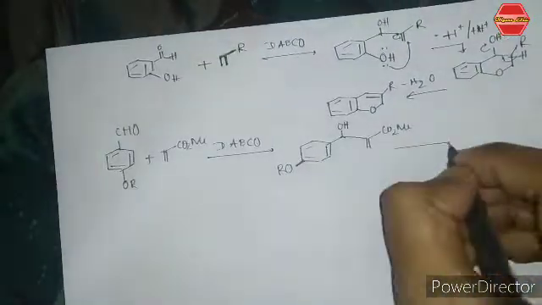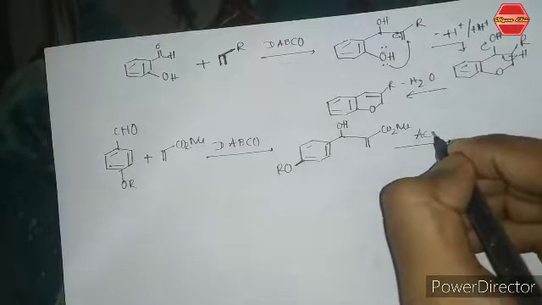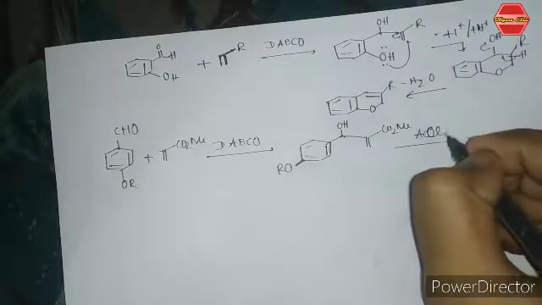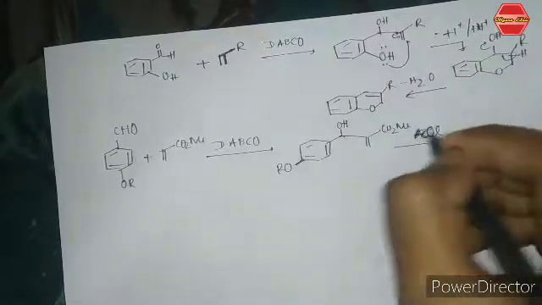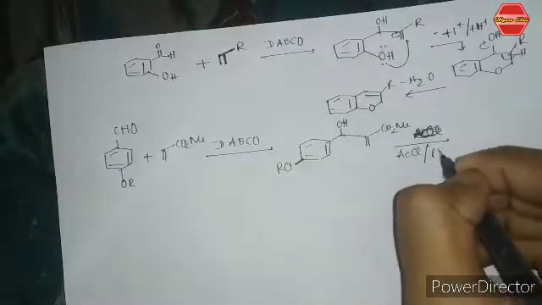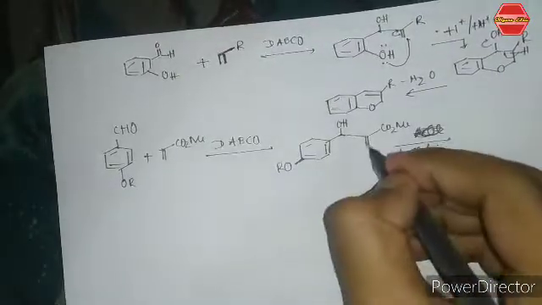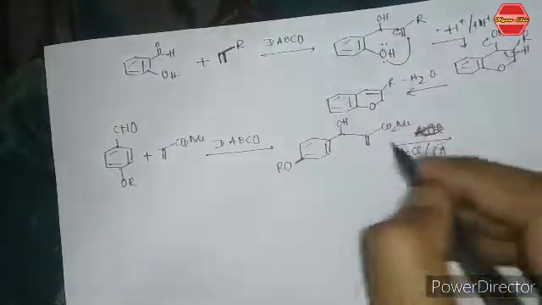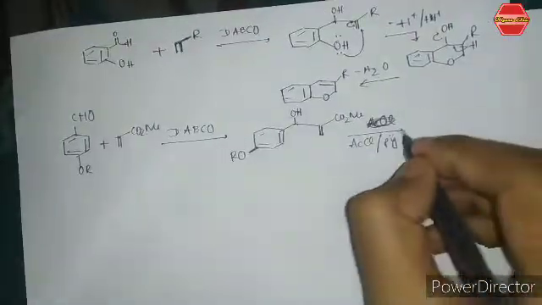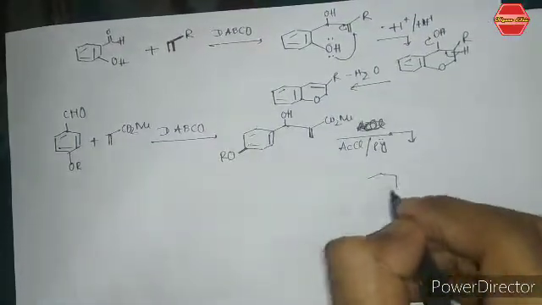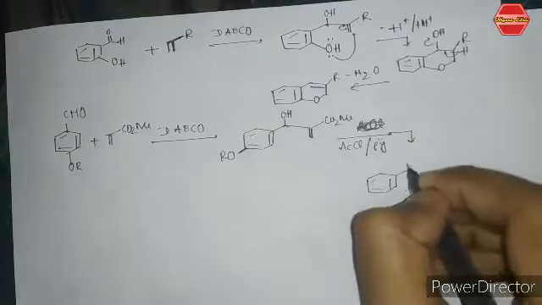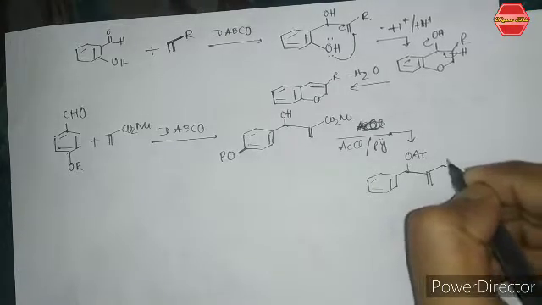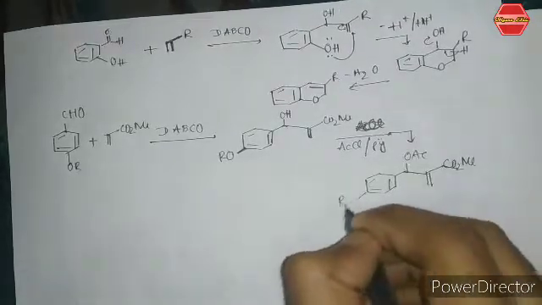Now in this medium, if we use acetyl chloride, AcCl, in presence of pyridine, how will the pyridine work? Pyridine will abstract a proton from here, and this O minus will attack on the Ac, and Cl will leave from the system. So our product looks like this. This is CO2Me, this is our OR.